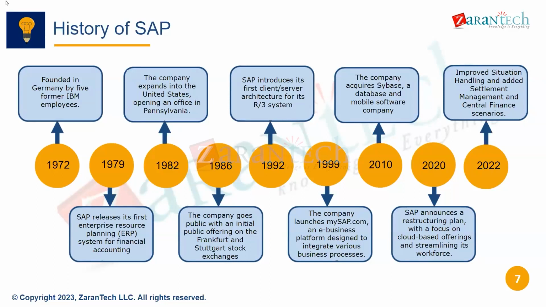They left the organization and formed a small company, thinking that they would develop some ERP solutions for organizations. The journey started in 1979, when they released their first ERP system, and since then they started expanding into various countries and states.